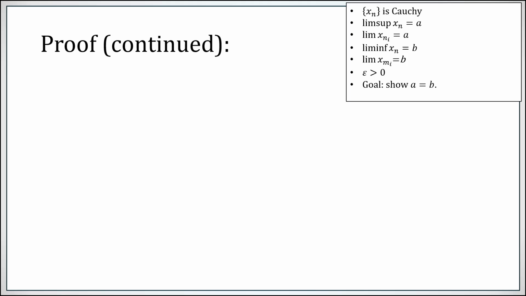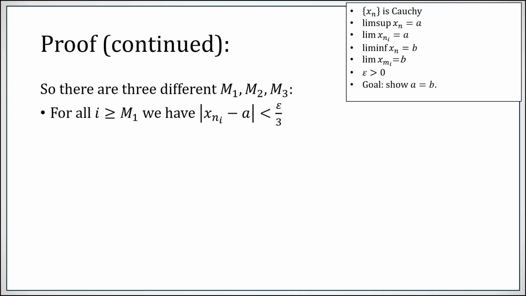Okay, so here's what we have so far. A Cauchy sequence with lim_sup A, lim_inf B, one subsequence converging to the lim_sup, a different subsequence converging to the lim_inf. Epsilon is an arbitrary positive amount, and we want to show that the lim_sup and lim_inf are equal. So there are three different cutoff indices, M1, M2, M3.